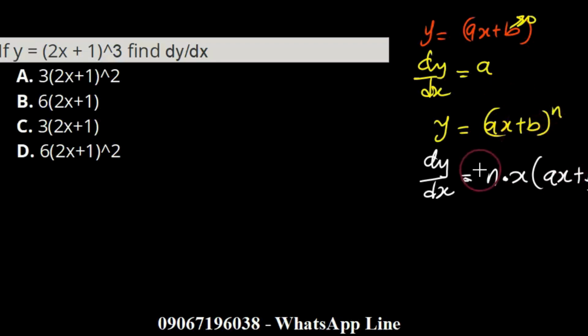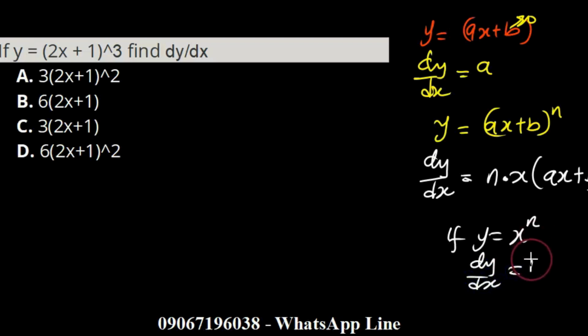This is going to multiply, based on the concept that if y equals x to the power n, then dy/dx is going to give us n times x to the power n minus 1.